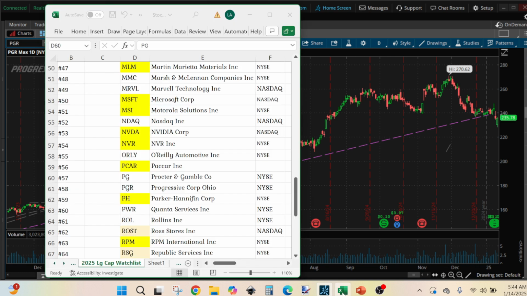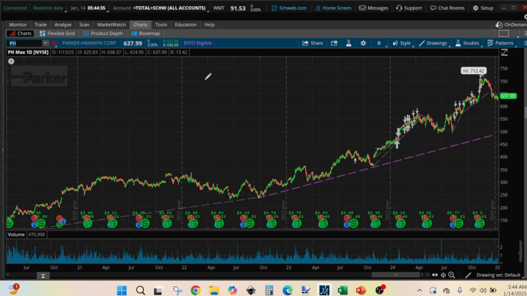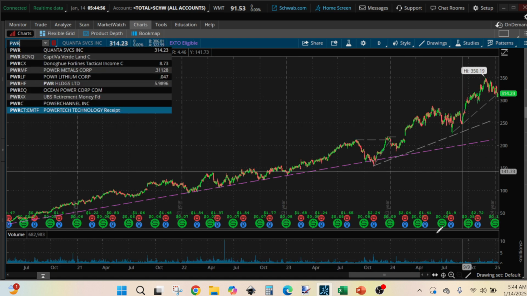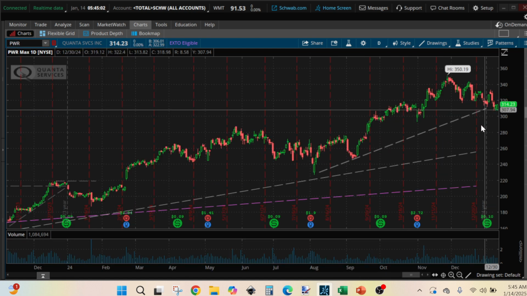PH, we have PH in our portfolio, and we bought it right there, and then the price went down, but it's still far from the trend line where we like to buy. The next one is PWR. PWR seems to be at this trend line, but we like to buy at this one.